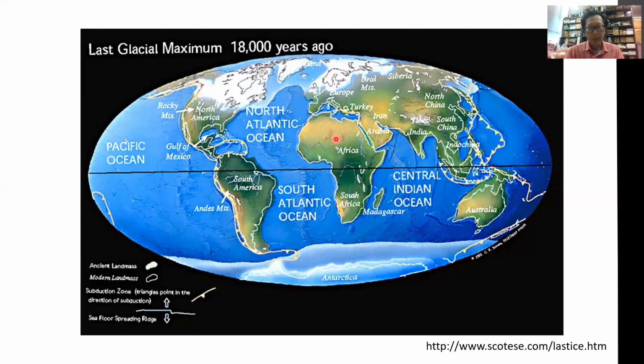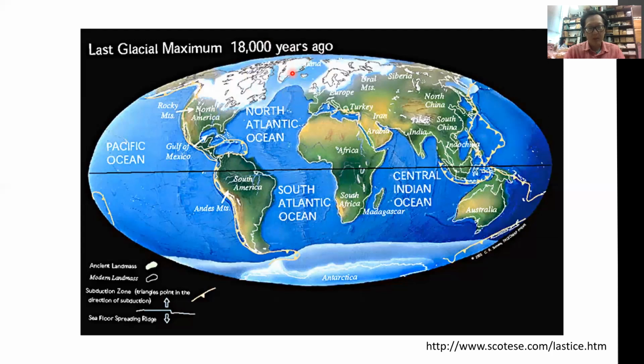So the last time we had a large permanent northern hemisphere ice sheet was 18,000 years ago. Antarctic ice sheet remains. And today, of course, we don't have that. All that remains of this last ice age, or big ice age, is the ice covering Greenland. Okay, so the ice has retreated all the way to Greenland.